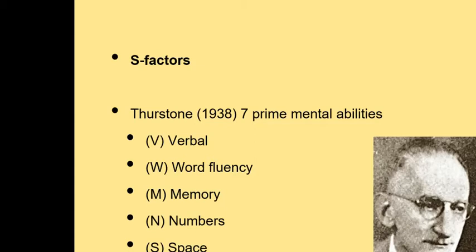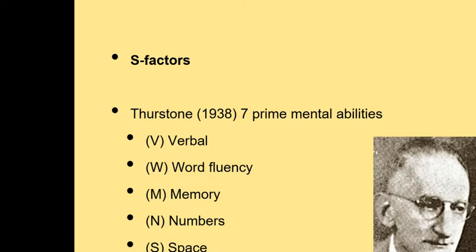Word fluency, such as rhyming, naming words and categories, etc. Memory, being able to remember amounts of information. Number, being able to manipulate numbers and the speed at which you can do them.